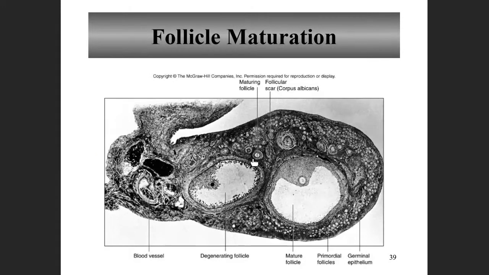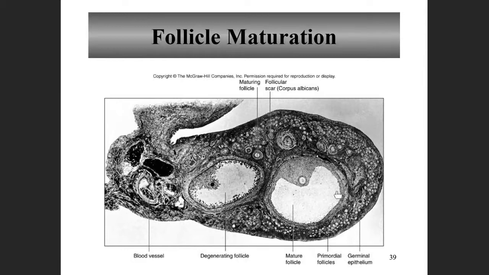All right, so this is the scanning micrograph showing us the ovary. You can see a lot of primordial follicles out here. Starting follicles under FSH in fluid will become primary follicles. It'll get bigger, so it becomes more like this, which is the mature or Graafian follicle.